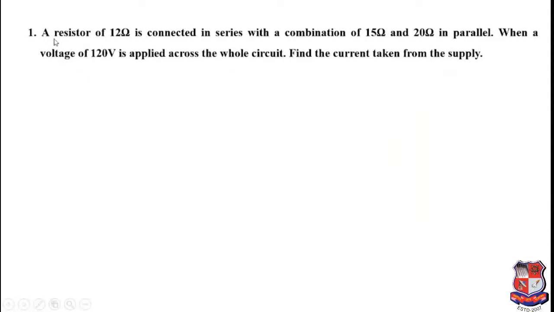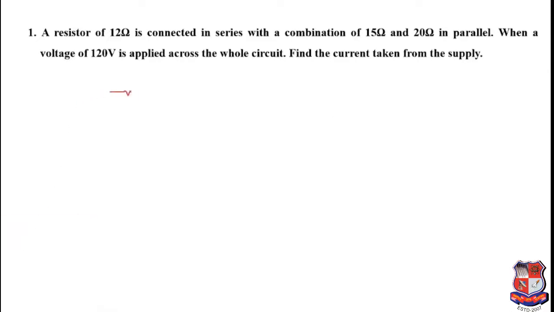Consider this first question: a resistor of 12 ohm is connected in series with a combination of 15 ohm and 20 ohm in parallel, and a voltage of 120 volt is applied across the whole circuit. Find the current taken from the supply. Before seeing the actual solution, let us try by ourselves.